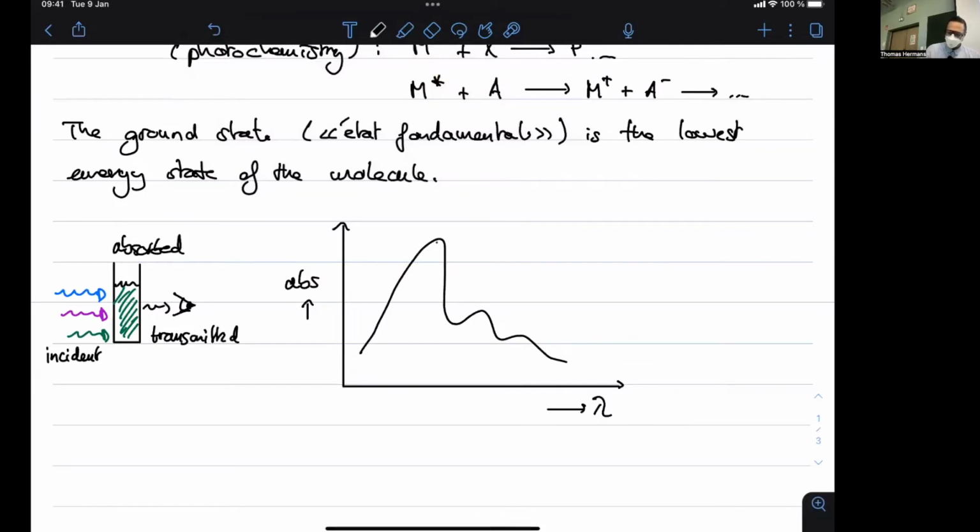And so the top of this peak is the most probable transition. And this wavelength, we call it lambda max. It's the maximum absorbance, right? It's the highest point here.